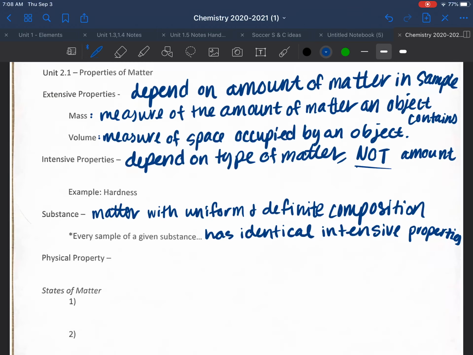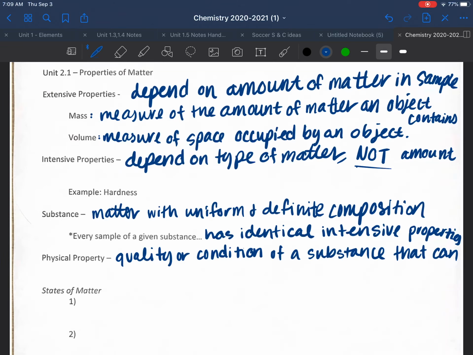Now let's move on to physical properties. A physical property is defined as the quality or condition of a substance that can be observed or measured.